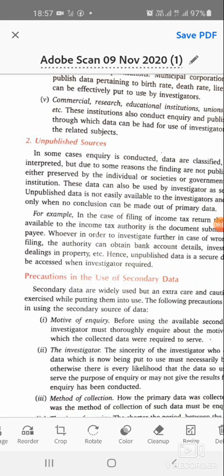These are not published in any journal, but the data can be collected from these agencies. They are recorded, though not in a published form.